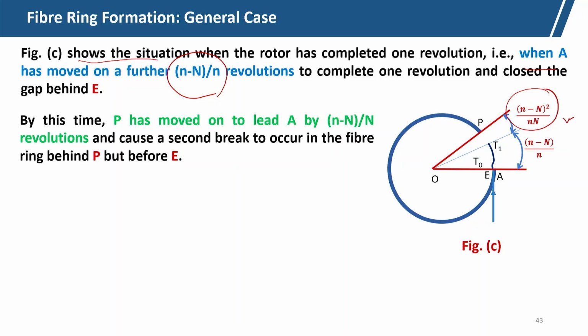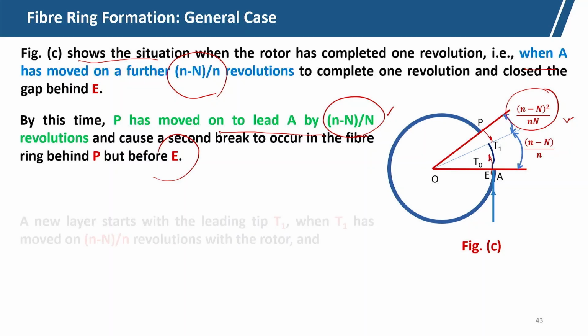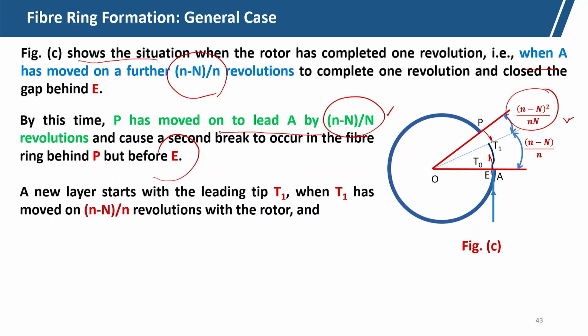By this time P has moved on, led by N minus n by N revolution, and causes a second break in the fiber ring behind P but before E, and a new layer starts with the leading tip at T1.